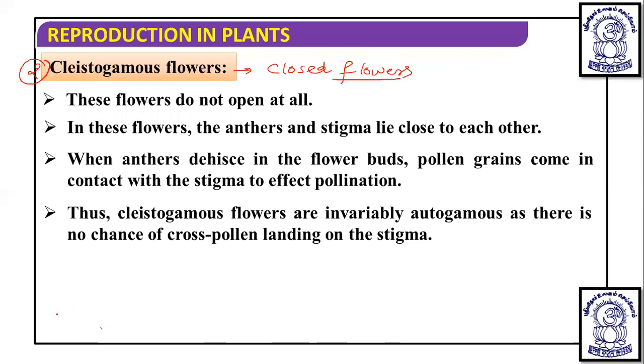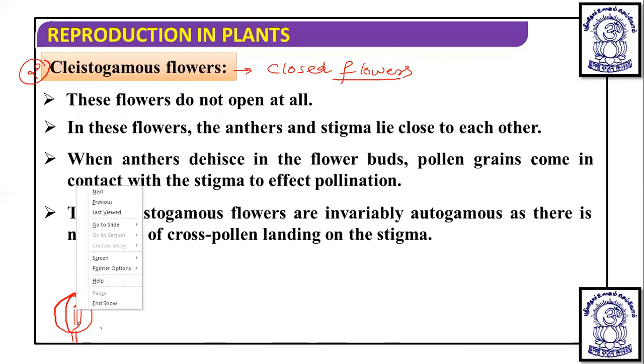So if the flower is completely closed, then obviously there is no chance of any pollen grain coming and fertilizing the internal stigma. There is no chance of fertilizing the internal stigma by external pollen grain.